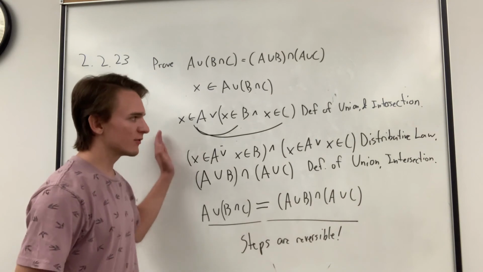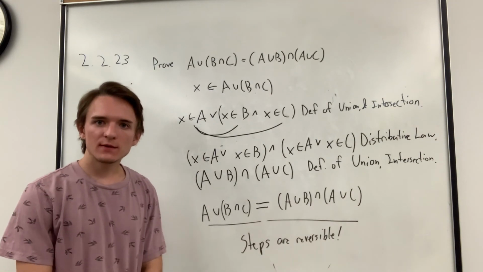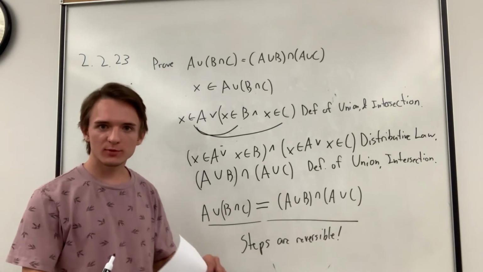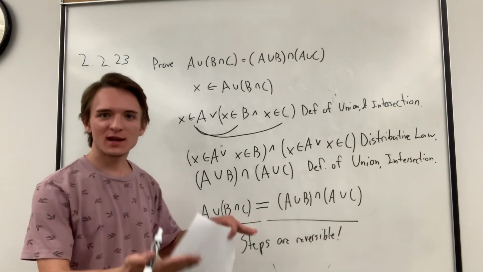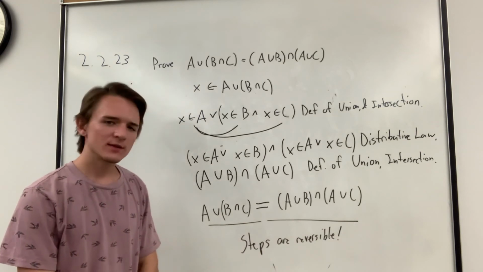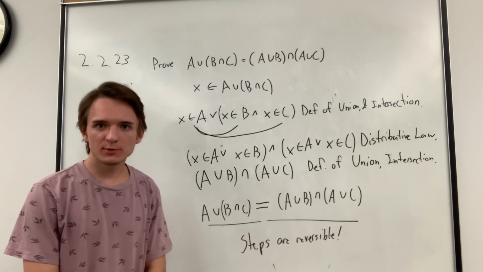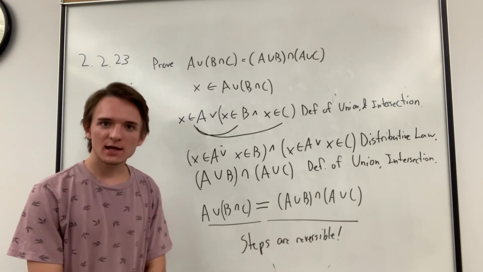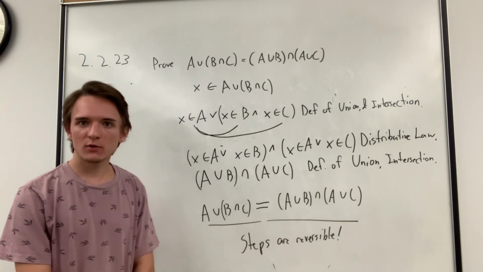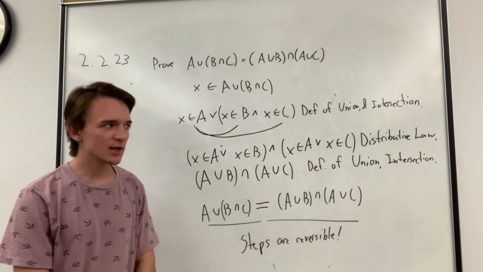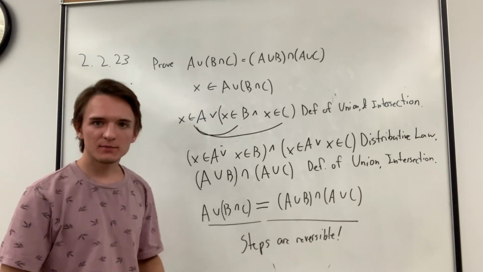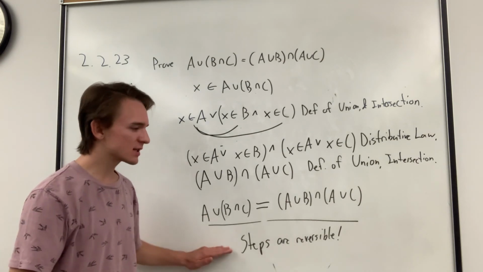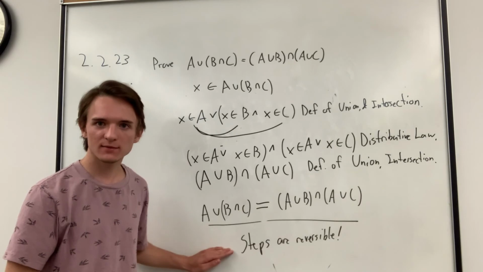So all the steps here are reversible, but usually when we have the step of addition, in which case we add a variable kind of out of thin air, kind of arbitrarily, this would not be a reversible step. Similarly, simplification, which drops a variable for the sake of what we're looking for, would not be a reversible step. So in that case, we would have to show both proofs, both ways, going from the left to the right and right to the left. In this case, however, the steps are reversible, so we don't have to do that.